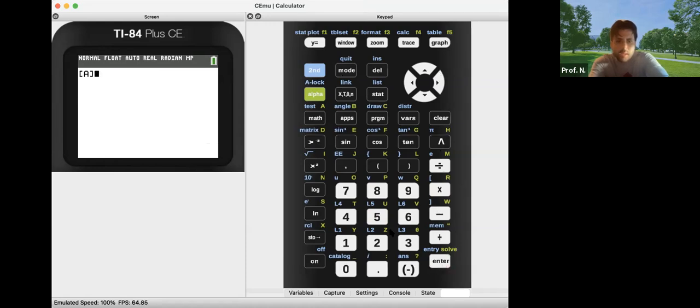Then I'm going to add A and then do the inverse, then multiply that by B. And I get 9, negative 9, 5. So this is the coordinate vector of the vector that they give me with respect to the old basis. So it's 9, negative 9, 5.